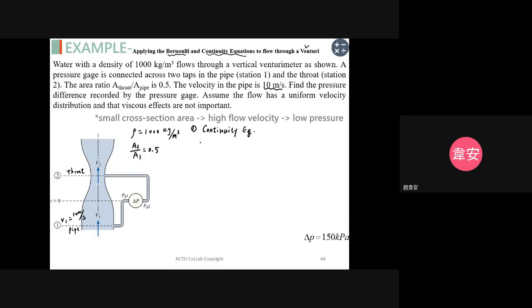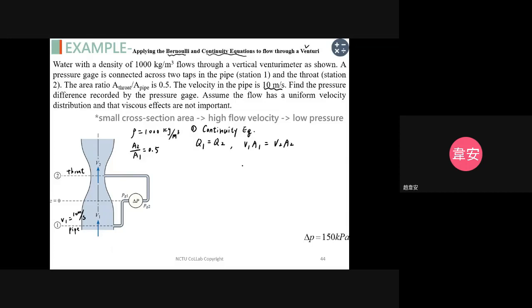So for a uniform flow in the venturi, Q1 will be equal to Q2. So V1 A1 is equal to V2 A2.